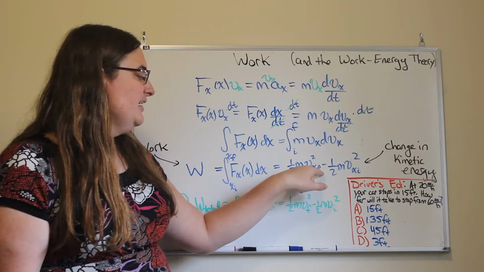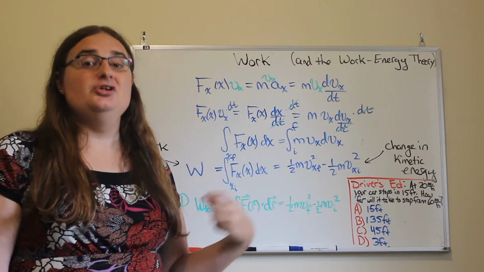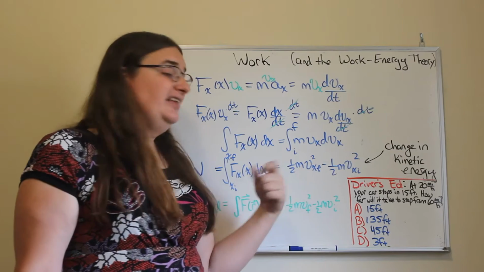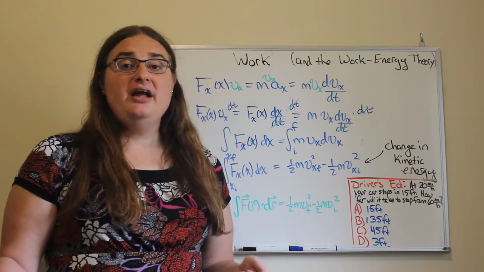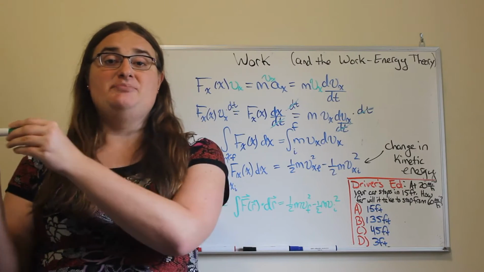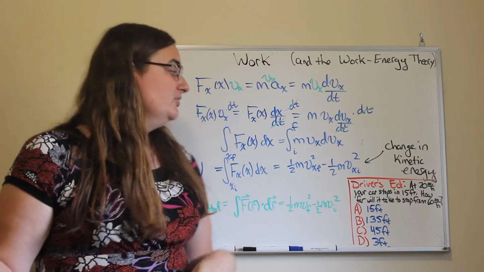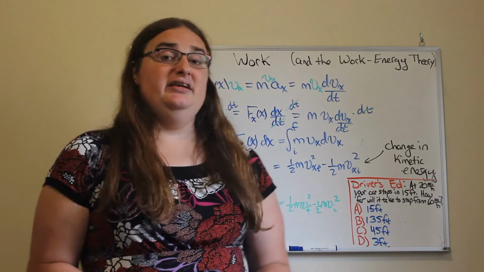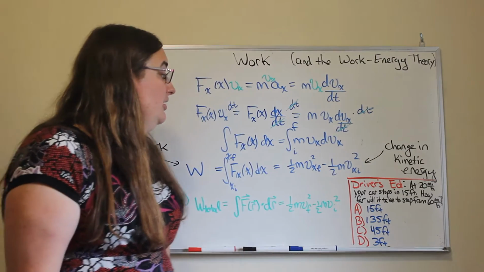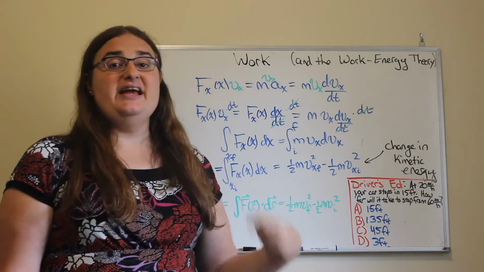And this quantity right here is what we call the kinetic energy in physics, or rather the translational kinetic energy. And translational motion just means that the center of mass of an object is moving from one place to another. You're changing its location. So this side is the change in kinetic energy.